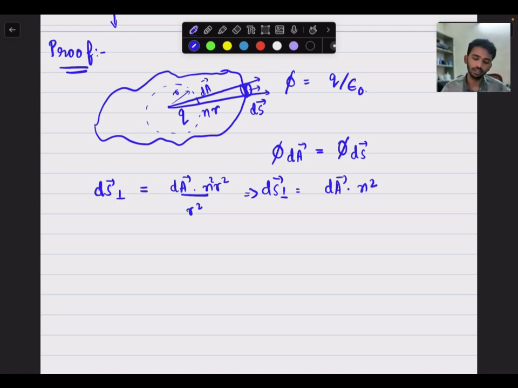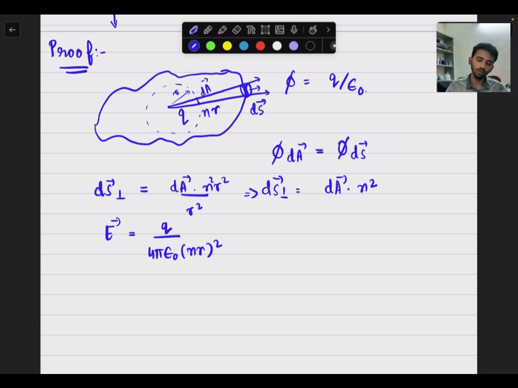So this dS bar's perpendicular component is perpendicular to the electric field at that point, and we know that the electric field at that point would be equal to q by 4 pi epsilon naught n squared r squared.